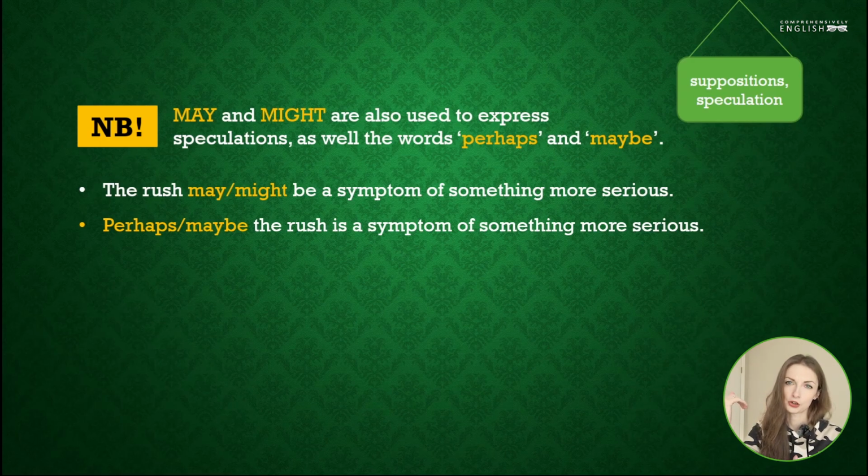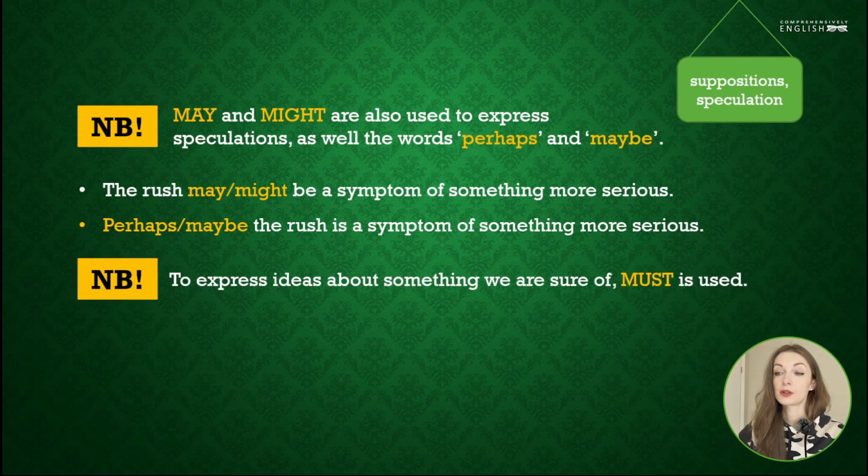If you're less sure, you would say the rush may be a symptom of something more serious. And if you are not sure at all, you can suppose it with might. Yeah, the rush might be a symptom of something more serious, but I don't know, right? Perhaps and maybe are also the words that express the same idea. Perhaps and maybe. They actually show doubts.